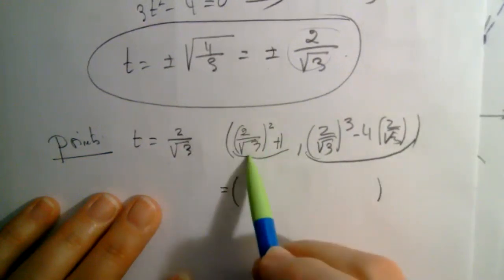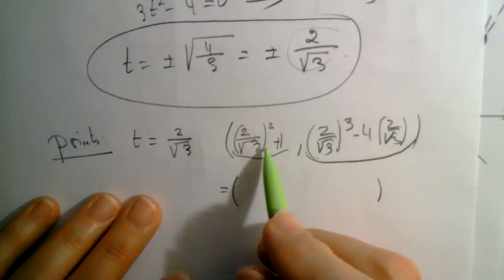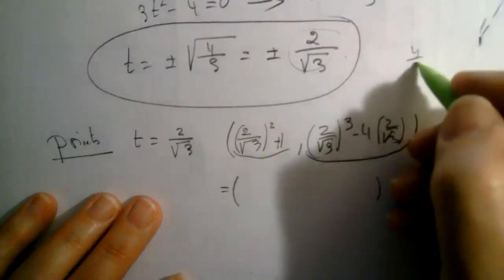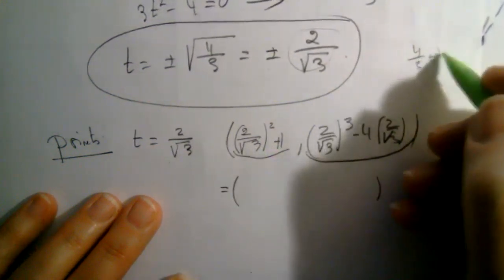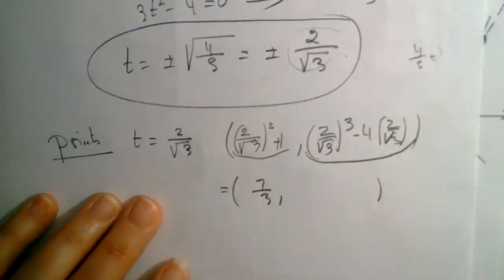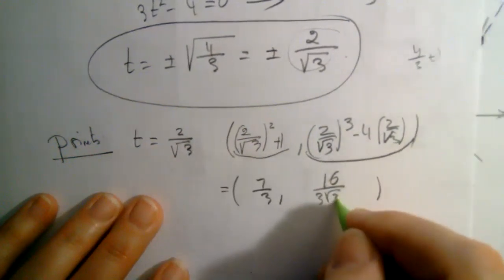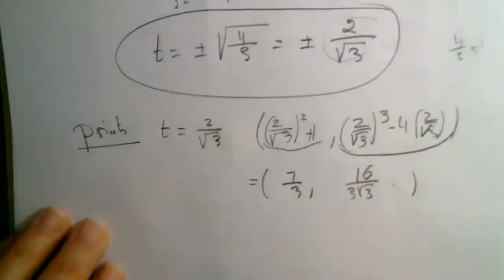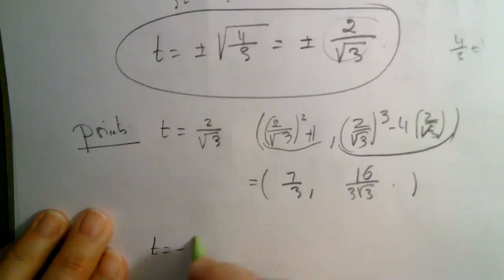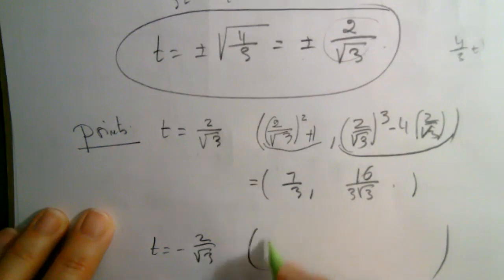The x gives you 4/3 plus 1, which is going to give me 7/3. And for y, you will get 16 over 3 square root of 3.